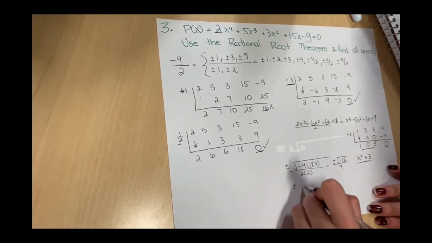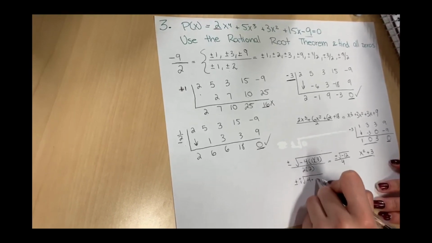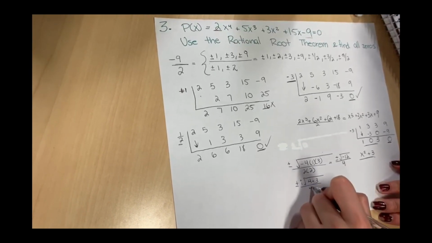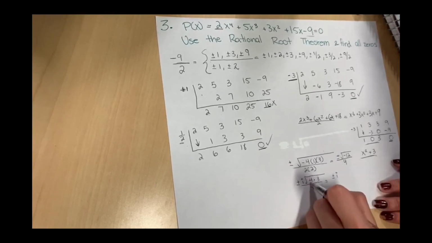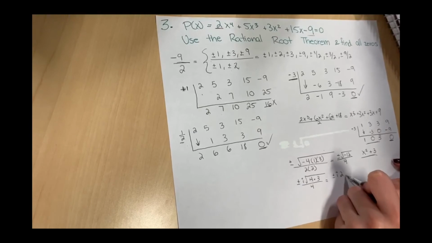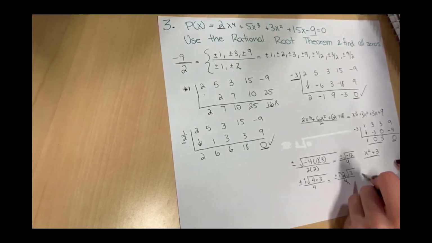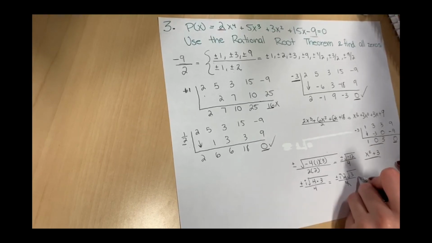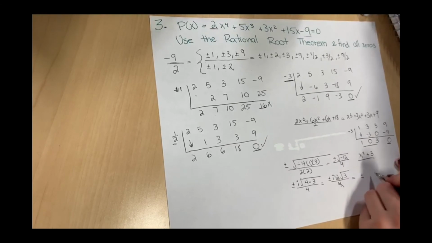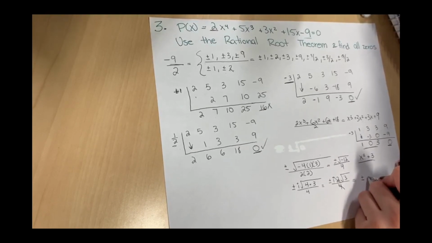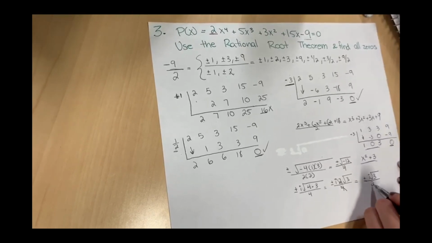So we're going to have to do plus or minus i times the square root of 4 times 3 divided by 4. And since 4 is a perfect square, we're going to have plus or minus i times 2 square root of 3 divided by 4, but we can divide by 2 to simplify it, which will end up being plus or minus i square root of 3 divided by 2 as our last two zeros.